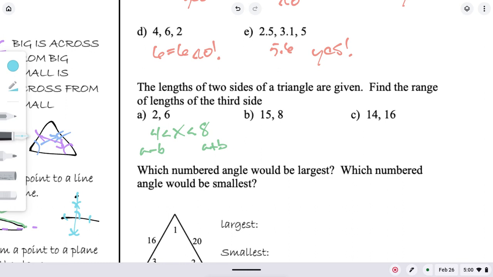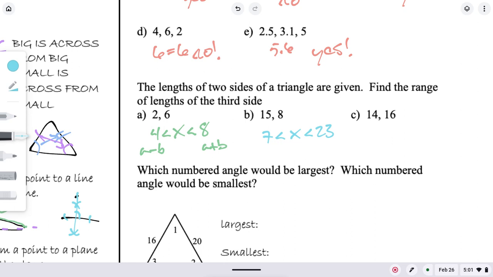But 8 plus 7 is 15, so that's my lower bound, right? X has to be bigger than 7, or this could not be a triangle. But 8 plus 15 is 23. So the biggest that third side could be is 23, right? It can't be that big, excuse me. Otherwise, 15 plus 8 would not quite make the cut.